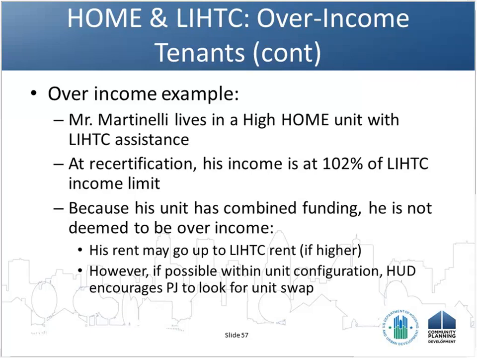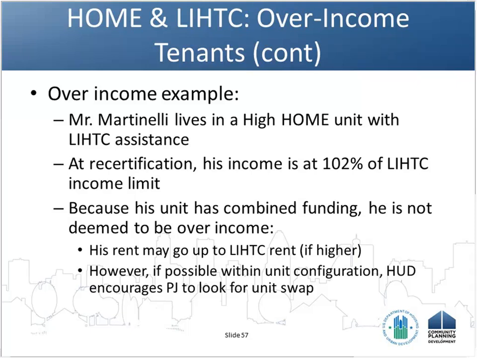In this case, if that tax credit rent is higher, we will raise his rent to the low-income housing tax credit level. And we will not go further with that until there is the ability, when they go over 140%, we would follow the low-income housing tax credit guidance on this.